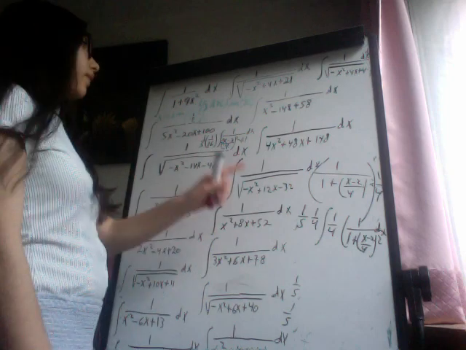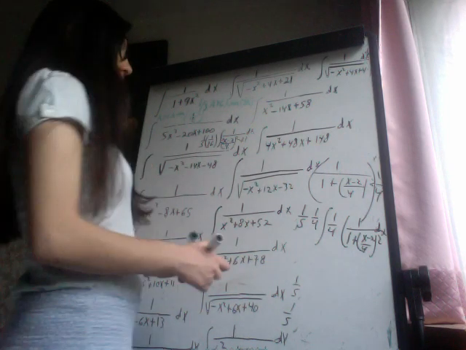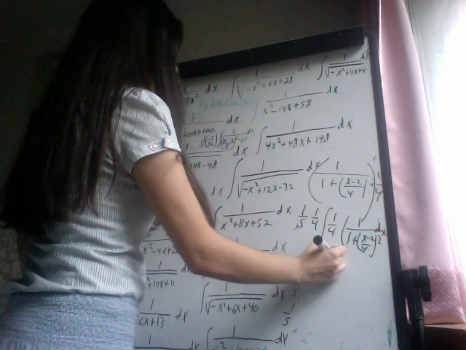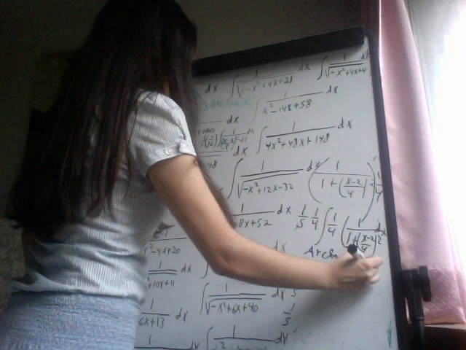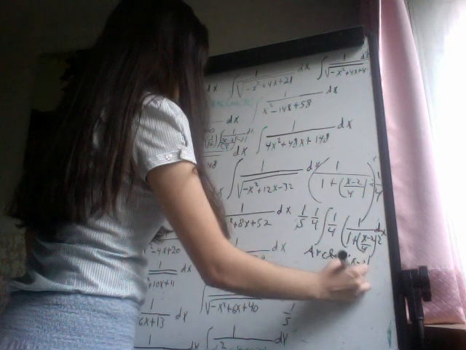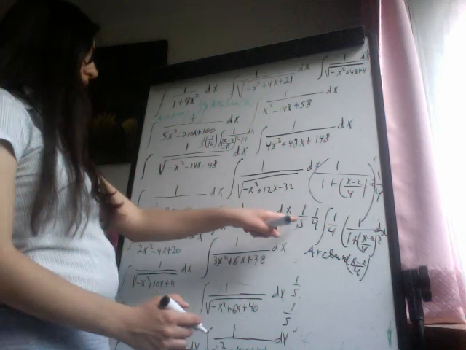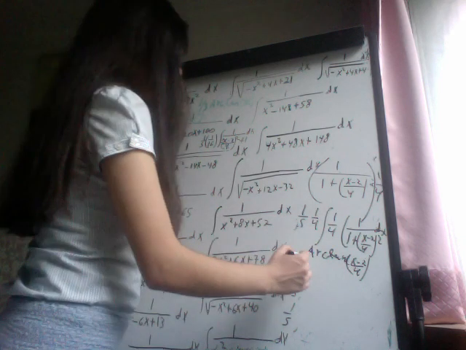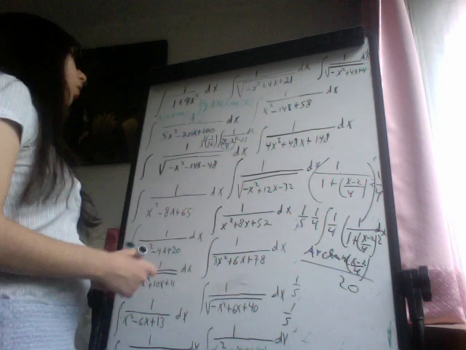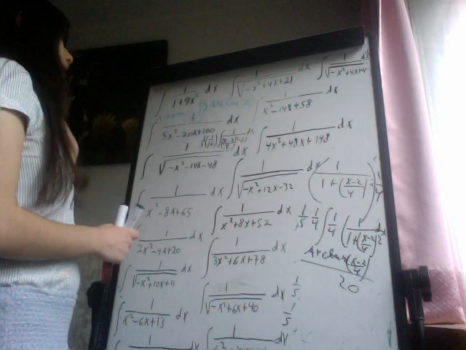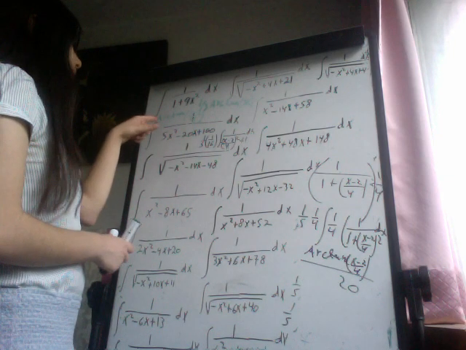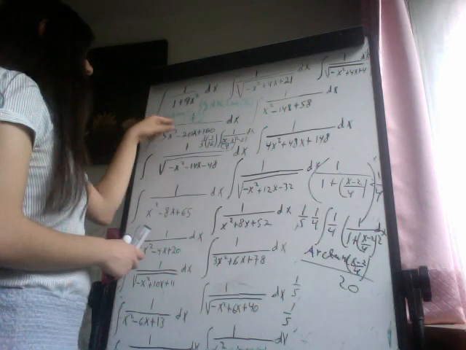And so this integral is equal to arctangent of x minus 2 over 4 times 1/5 times 1/4. So all this over 20. Or you can put it as 1/20 of the arctangent of x minus 2 over 4.